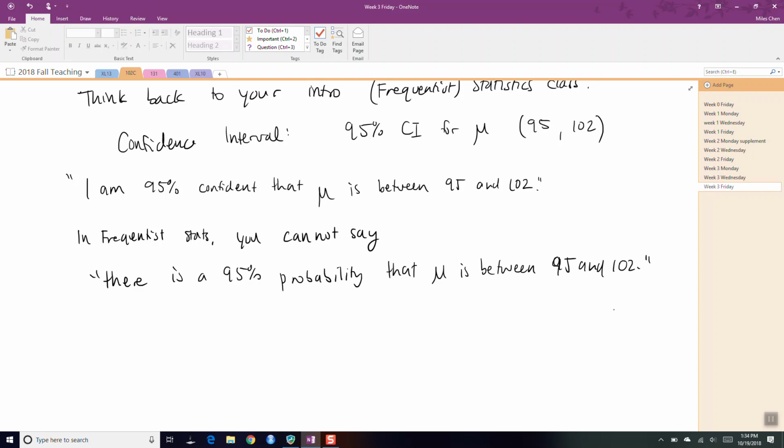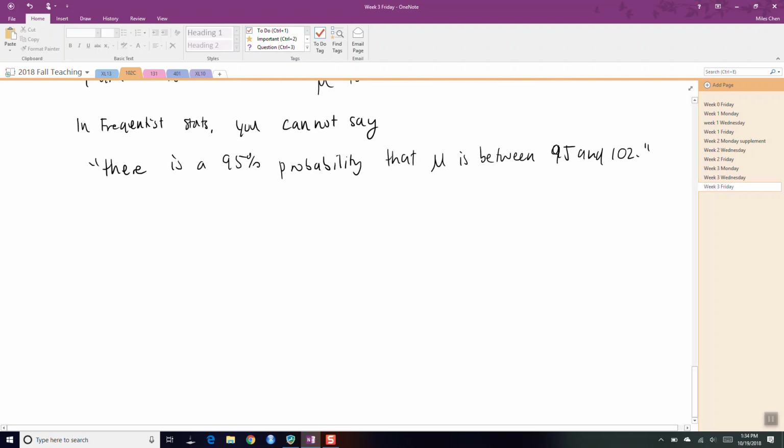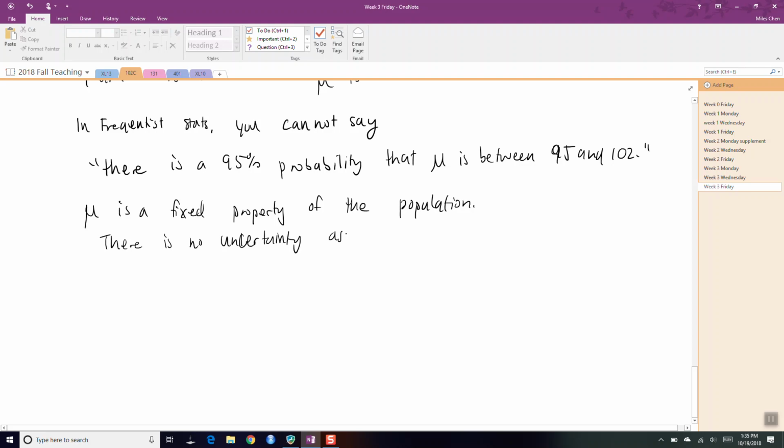Okay? So in the same way, in frequentist statistics, mu is a fixed property of the population. There is no uncertainty associated with it.